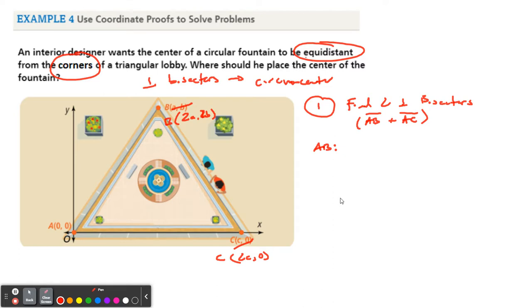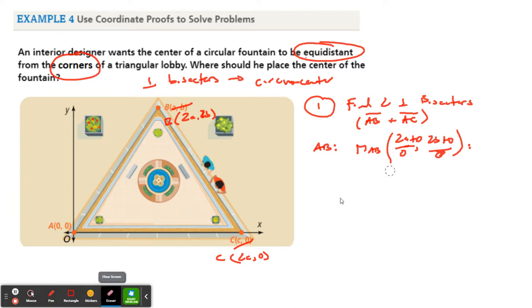Okay, so to do that, if I'm using AB, I need to find the midpoint of that side of the triangle. So the midpoint of AB is going to be 2A plus 0 over... I got ahead of myself. Pause, timeout, right?